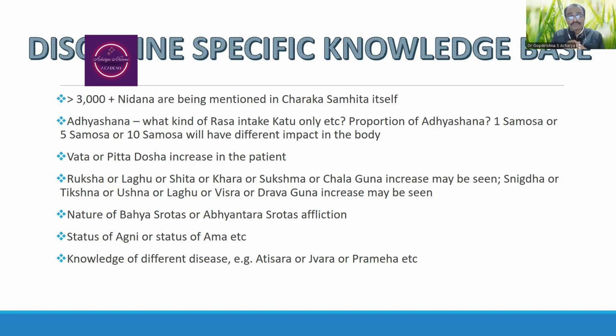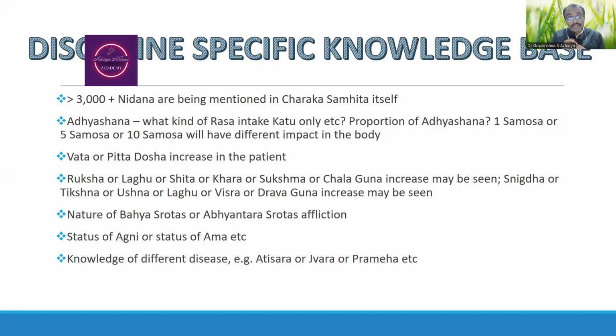One samosa consumption is different from 5 samosa consumption, which is even different from 10 samosa consumption. All of these will have different impacts on the patient's body. That means the degree of dosha vitiation, that too pitta dosha vitiation, may vary in case of 1 samosa, 5 samosa, or 10 samosa consumption.